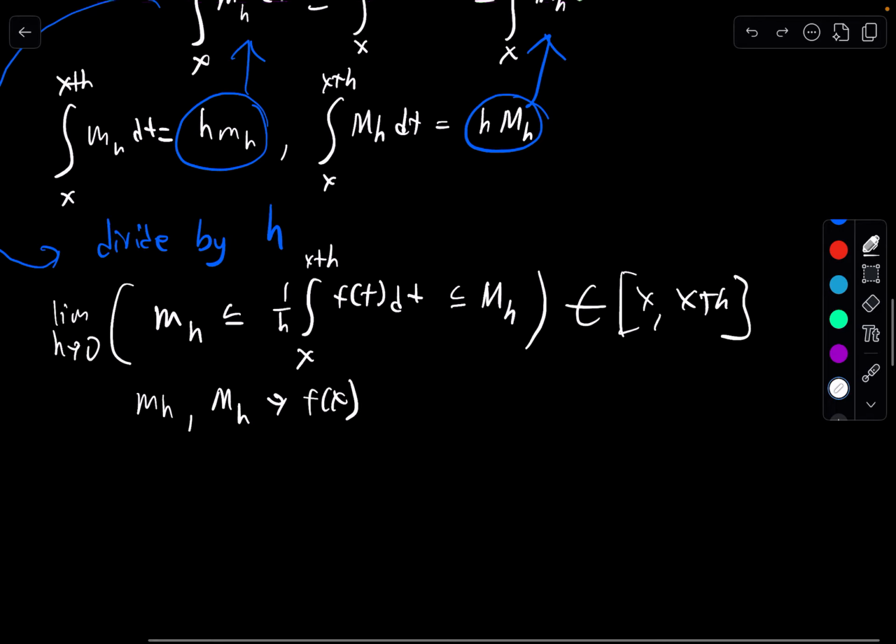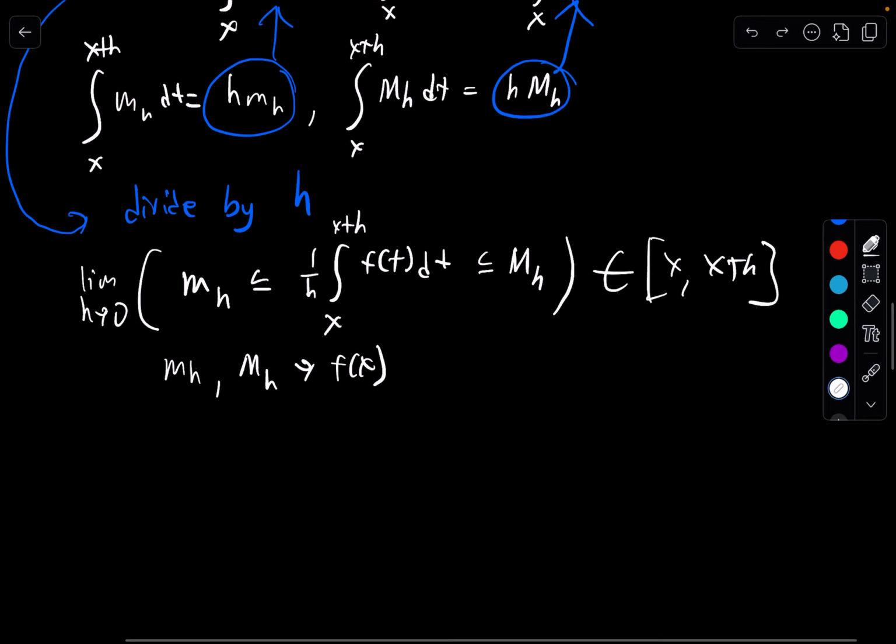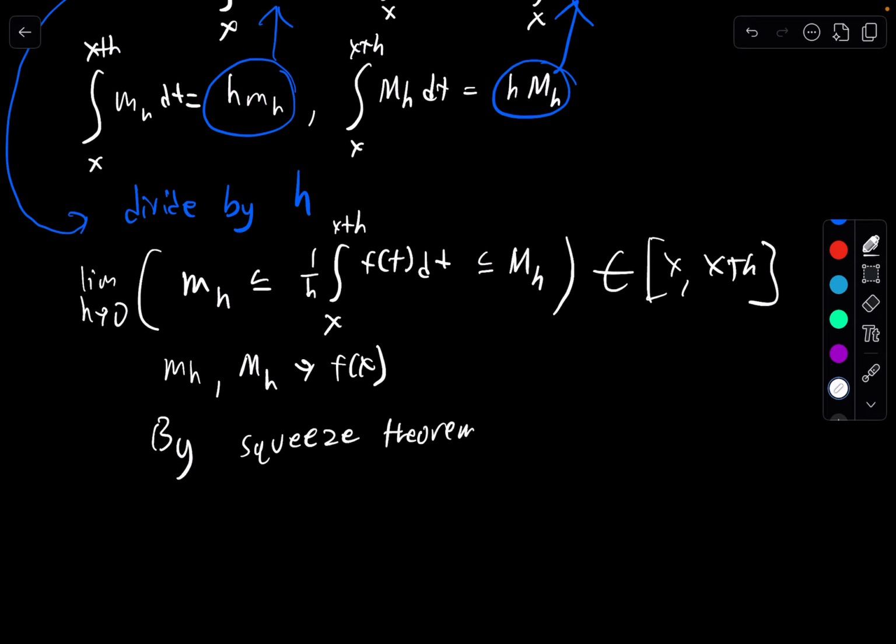Okay, so maximum, right? These are both going to f of x, the function itself. From here, because they're both going to f of x, by the squeeze theorem, which basically says that if h is less than or equal to f is less than or equal to g, and the limits are the same, then f is squeezed in between them.